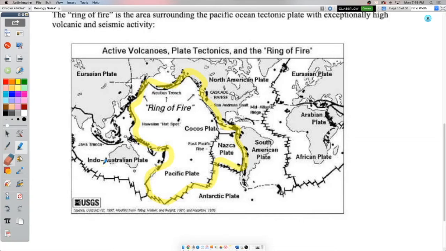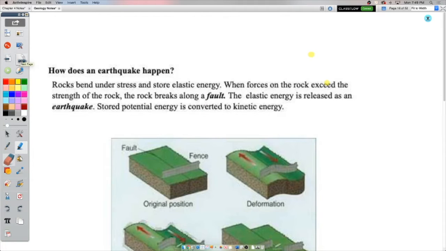Now we're just going to take a deeper look into those earthquakes that happen at those boundaries. So first idea, how does an earthquake even happen? Why is it happening? We talked about how it's plate boundaries, but let's get a little bit more specific. Essentially, wherever you have plates rubbing or even spreading, you basically have them pushing against each other, snagging on each other.